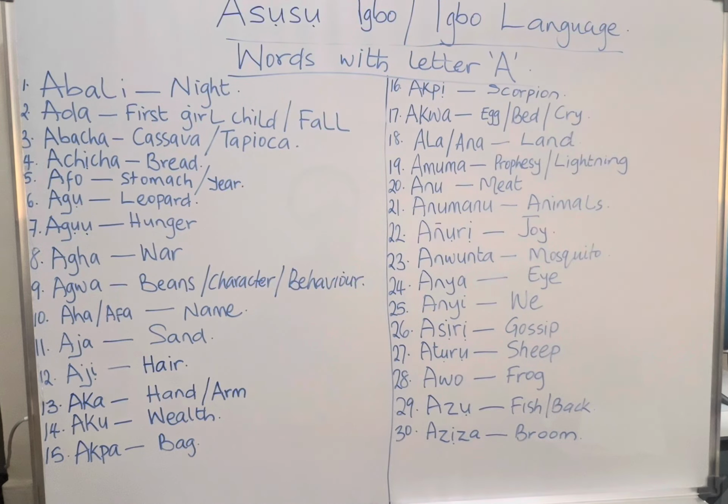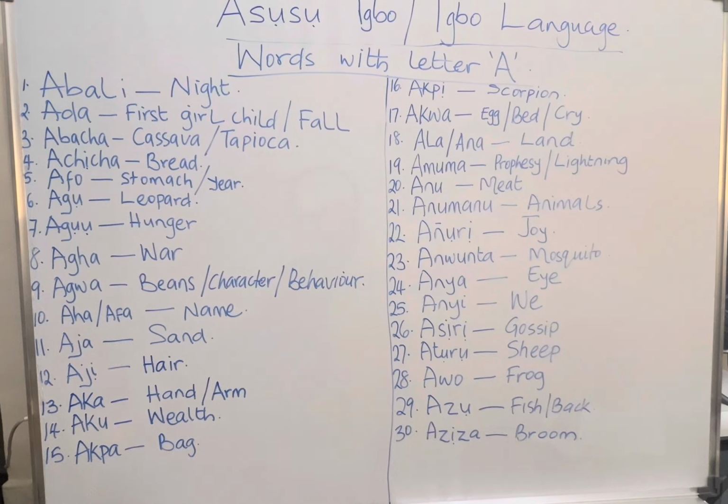It has two meanings here. We have two different pronunciations, two different meanings of the same spelling. The same spelling of 29, different meanings, different sounds. So here we have azụ.